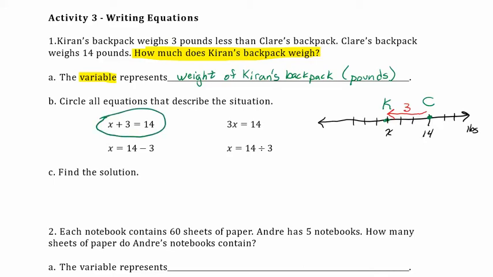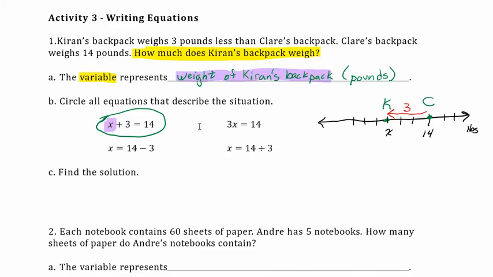What I like to do when I'm reading these equations is literally substitute in for x this phrase. This is what x represents, right? So instead of saying x plus 3 equals 14, I say the weight of Kieran's backpack plus 3 equals 14.